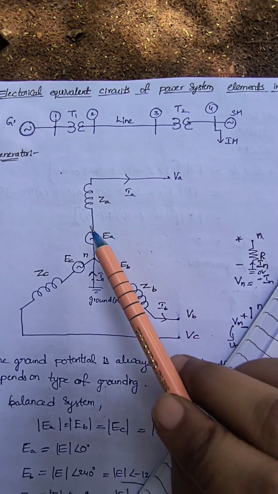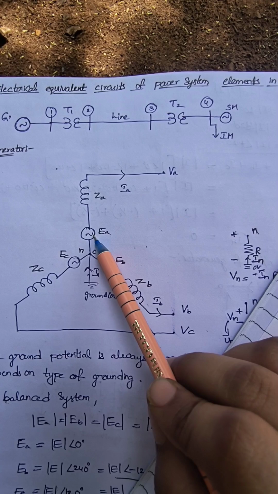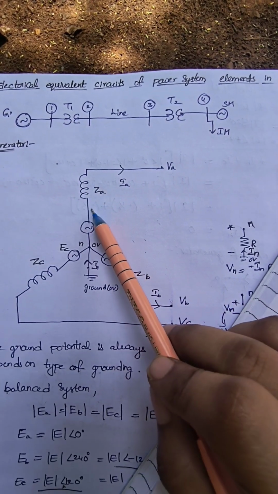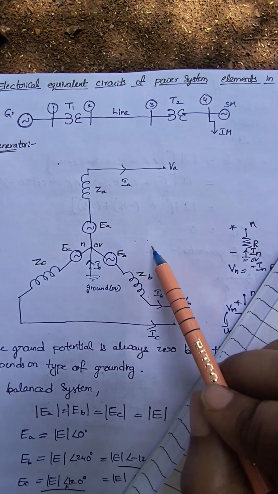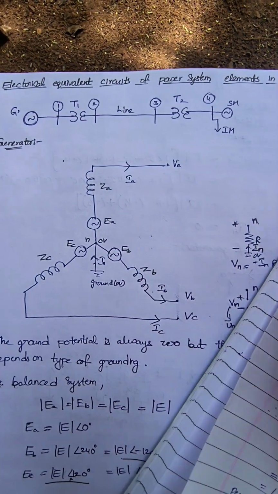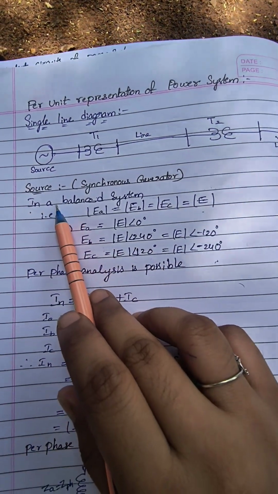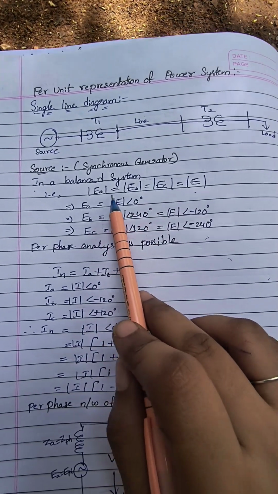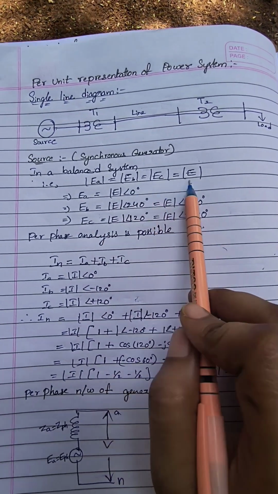Here there are three phases, phase A, B, C, and there is one source, and this is the source impedance for each phase, and the neutral is grounded. This is star connected, and it is a balanced system because in a balanced system the magnitude of EA, EB and EC is equal.